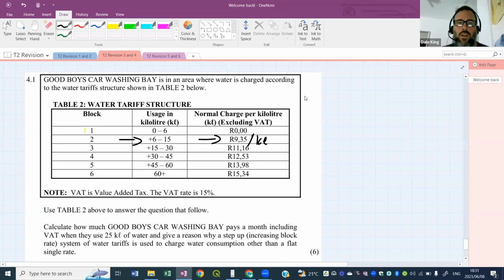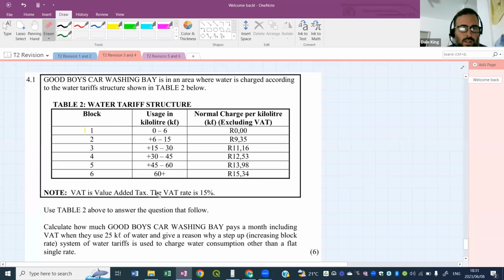The higher your water usage is, the more you pay: 15 to 30, 11 Rand 16; 30 to 45, 12 Rand 54; 45 to 60, 13 Rand 98. And if you're 60 plus, which means above 60, you're paying 15 Rand 35 for anything above 60.